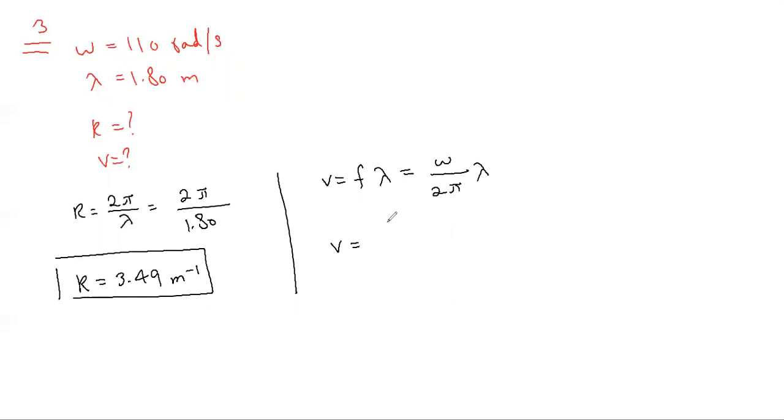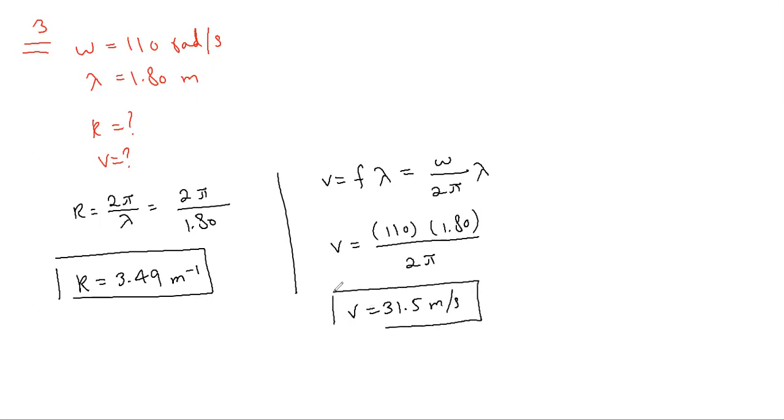So omega is 110 multiplied by 1.80 over 2 pi, where pi is 3.14. So we will get 31.5 meter per second. So these two are the required answers.